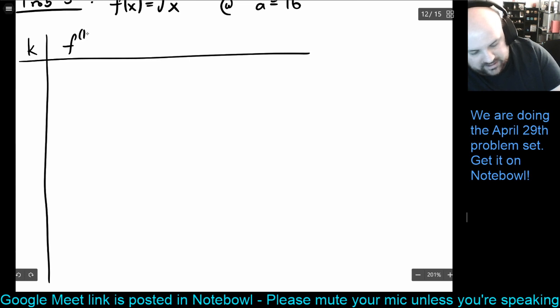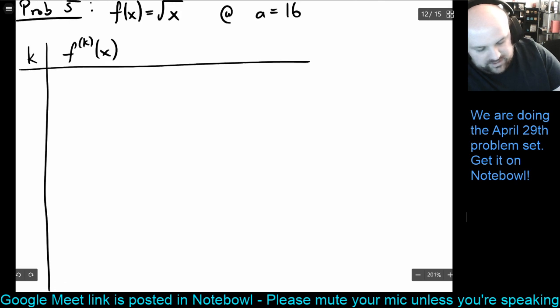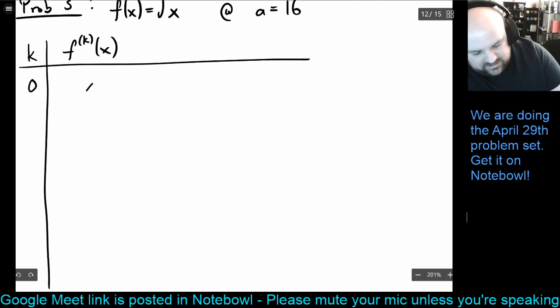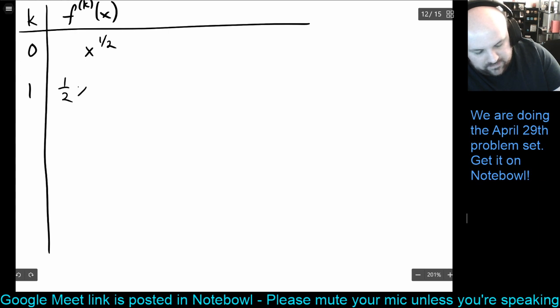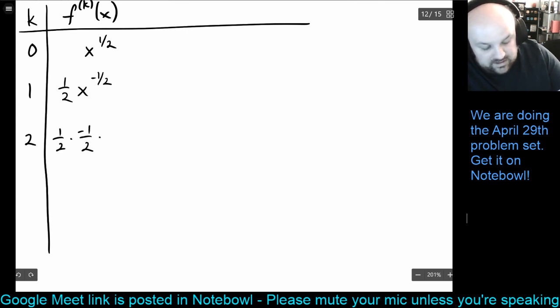So here we take the kth derivative. I really want to think of this as x to the 1/2, because it's going to make the computations down here a lot better. The first derivative will be 1/2 x to the minus 1/2. The second derivative will be 1/2 times negative 1/2 times x to the minus 3/2.